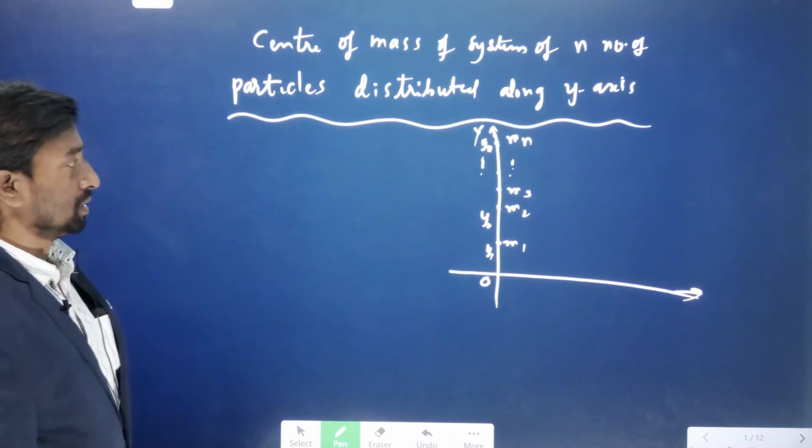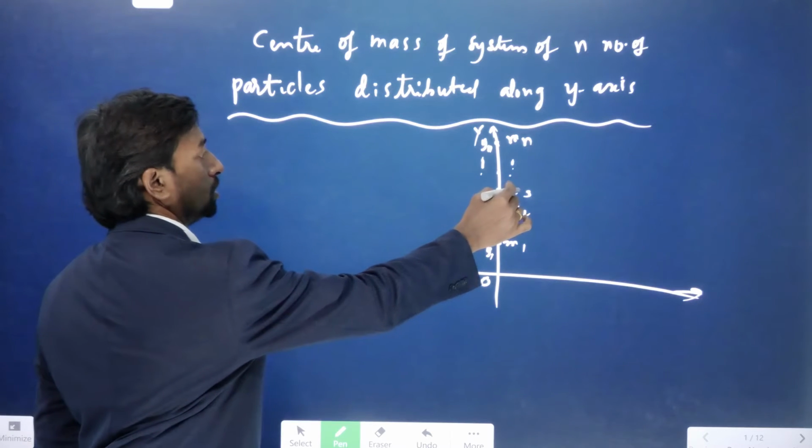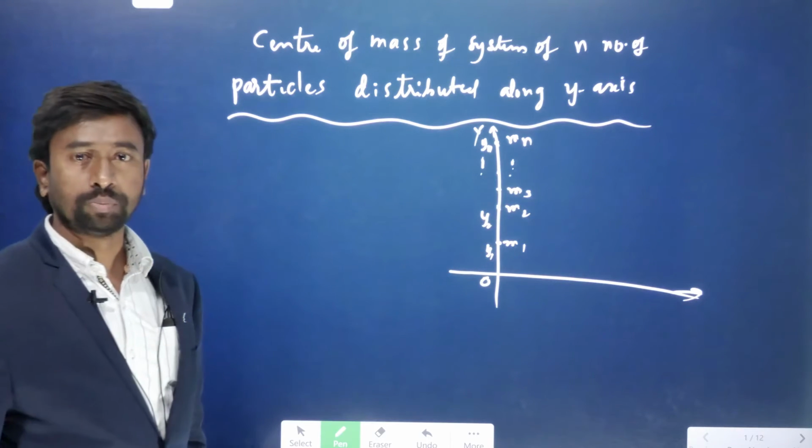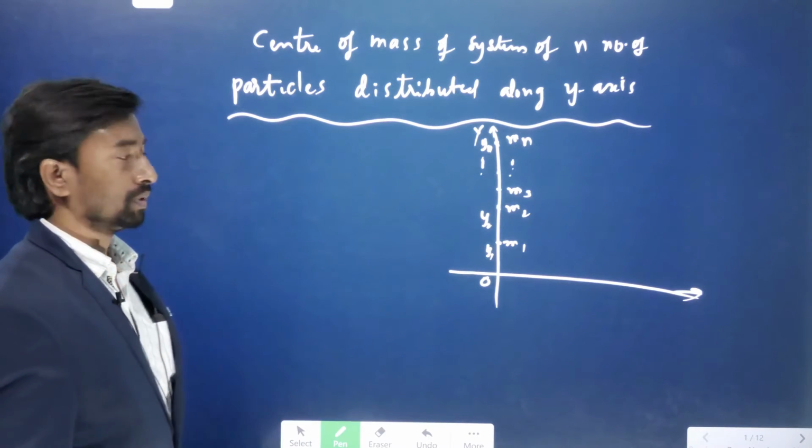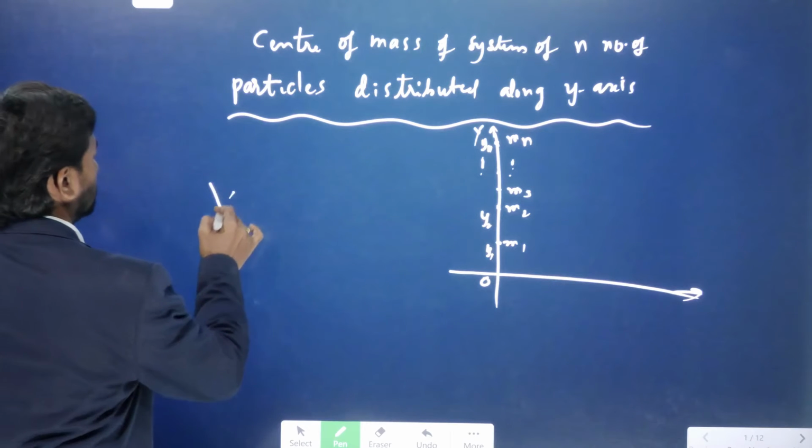So the center of mass of these particles distributed along the y-axis, we can write as YCM.